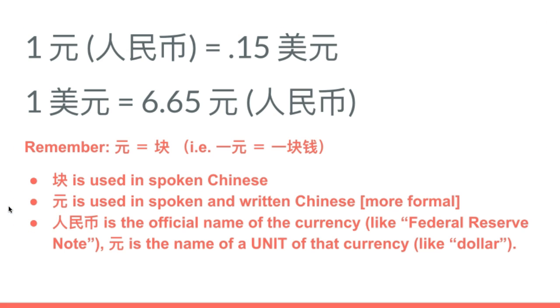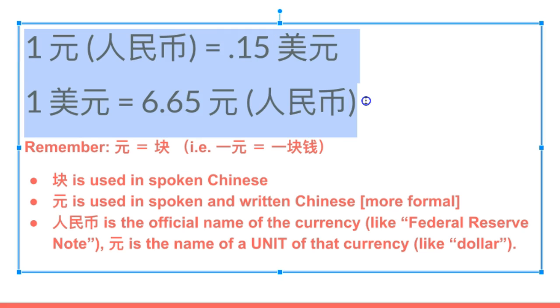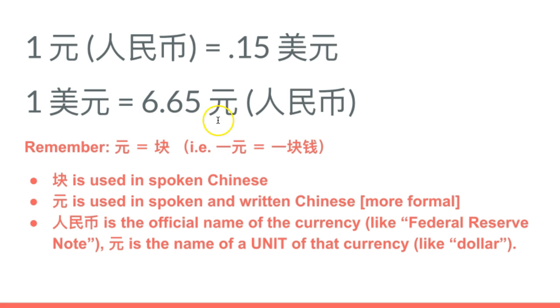Yuan is exactly equivalent to a dollar in English, meaning that the same way I would talk about $500, that's the same way I would talk about 500 yuan in Chinese. Now, of course, the currencies are not equivalent numerically, right? 1 yuan is actually 0.15 美元. 1美元就是 6.65 元. So if you do the exchanges, a 美元 is more valuable than a yuan, but that's how it's used.